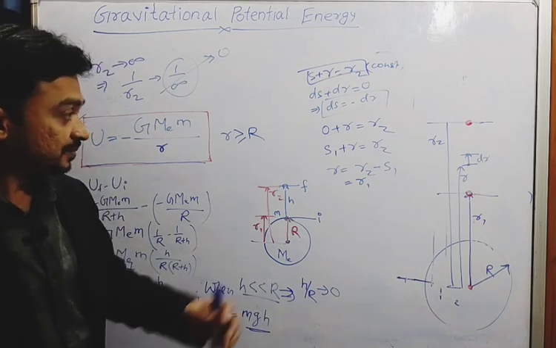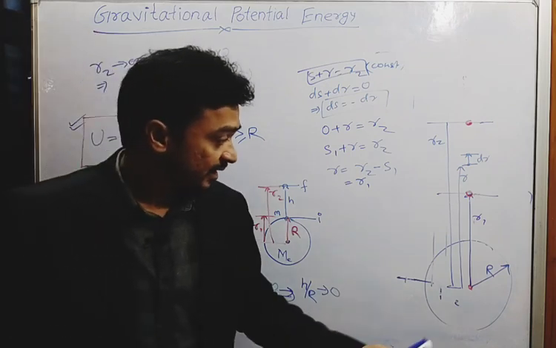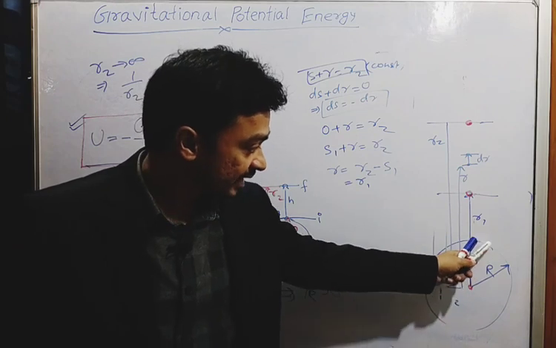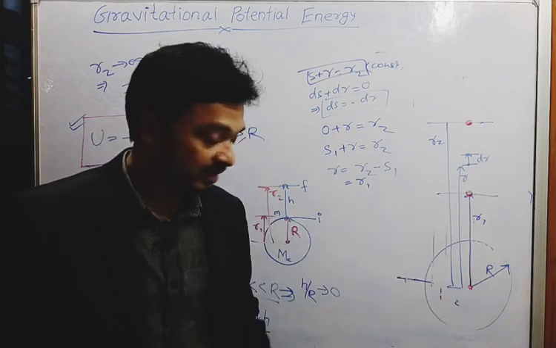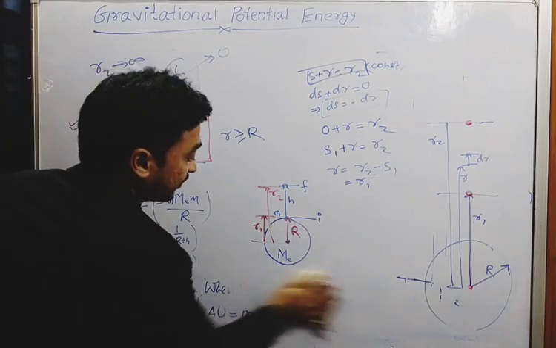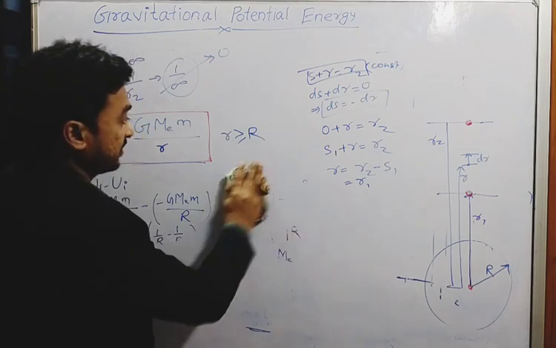I think it's sufficient. We can also find the gravitational potential energy inside this spherical object. One more question was there at the time of definition: why are we taking a spherical object?